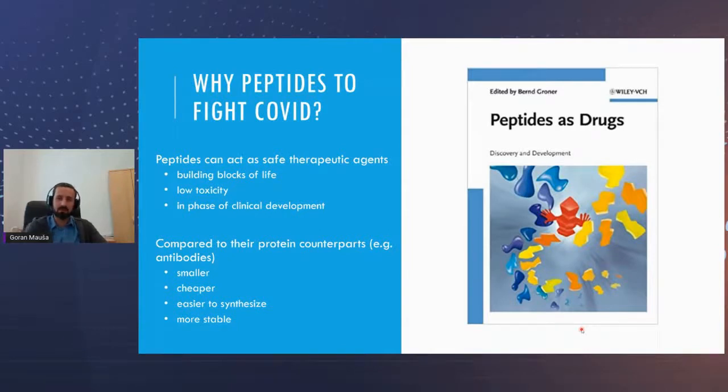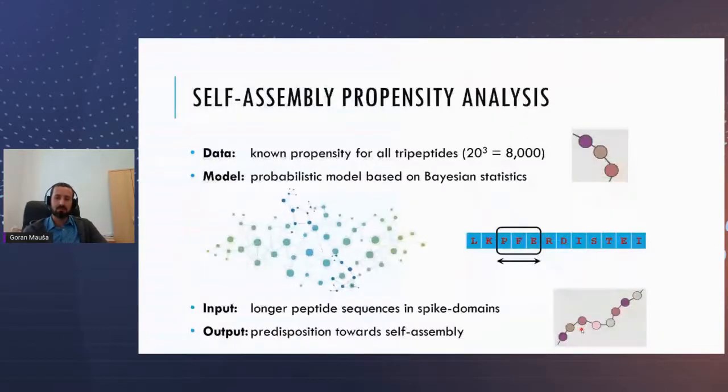So in this project, we also want to find whether we can establish a self-assembly propensity prediction model. Based on known aggregation propensity scores for shorter peptides, we started developing a probabilistic model to estimate the score of a larger set.